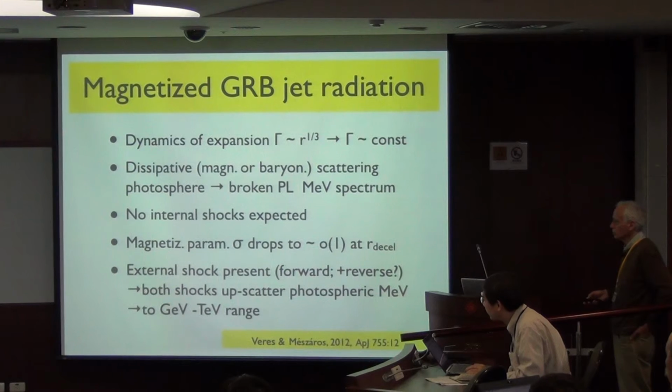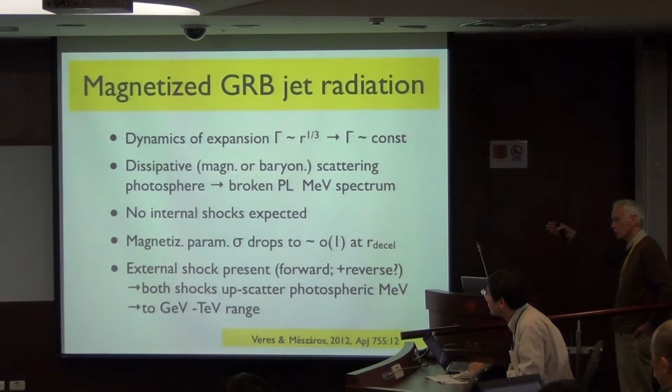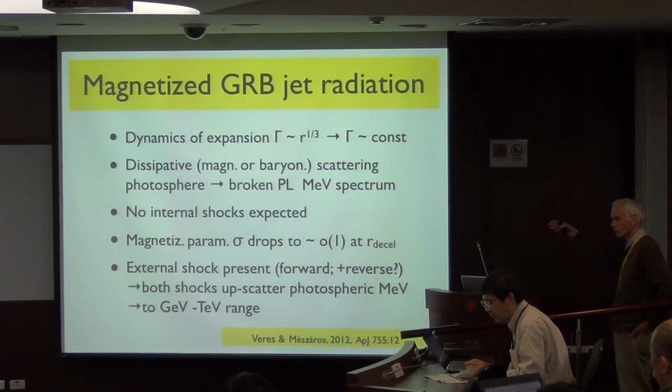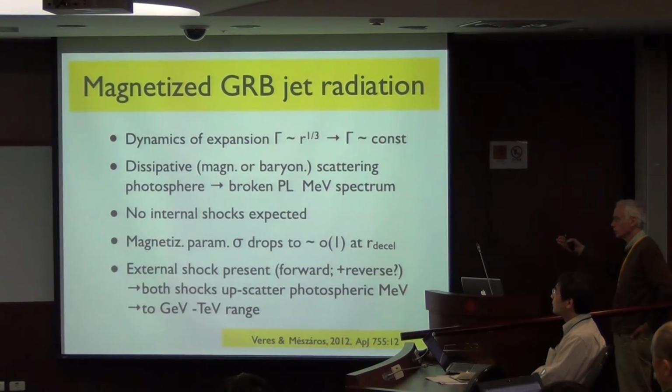Whether you get internal shocks or not depends on whether the magnetization parameter drops to a low value after you exit the photosphere. If that's the case, then you can have internal shocks, which might produce additional radiation, but if the magnetization remains high outside, then you suppress the internal shocks. You would only have the photospheric component.